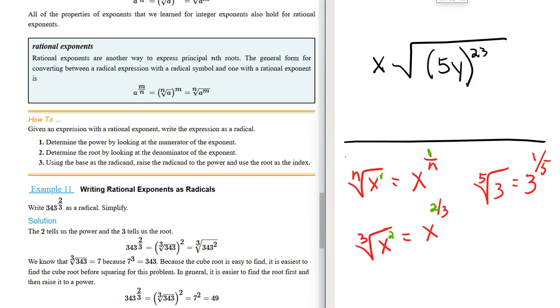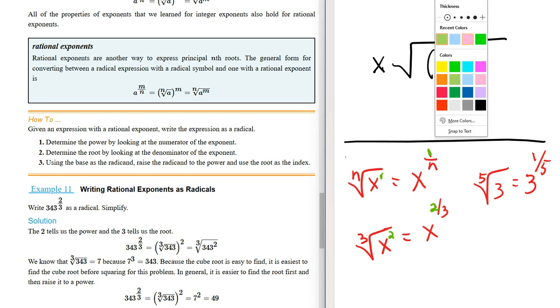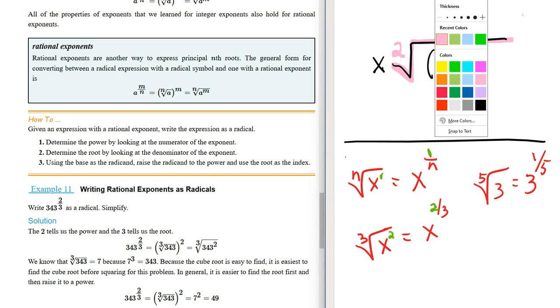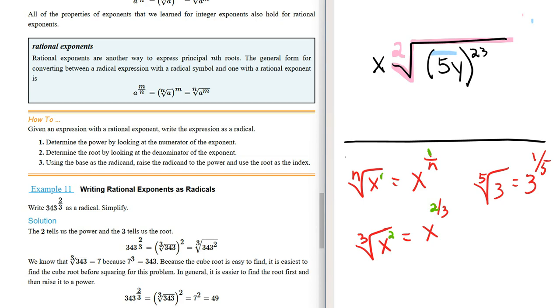So when I'm looking at this, let me grab a highlighter here. I'm taking the square root, okay? The square root means there's really an invisible 2 right here. And it's the square root of all of this raised to the 23rd power.